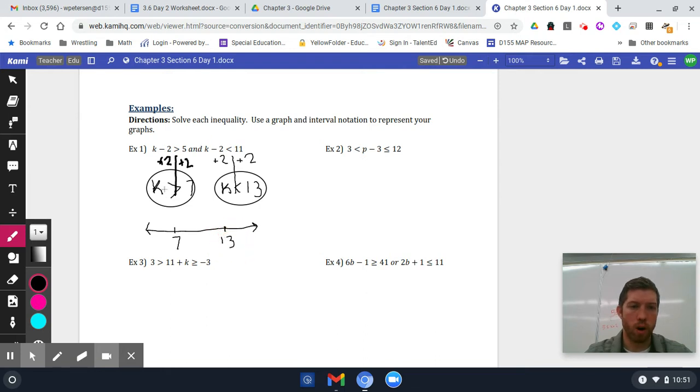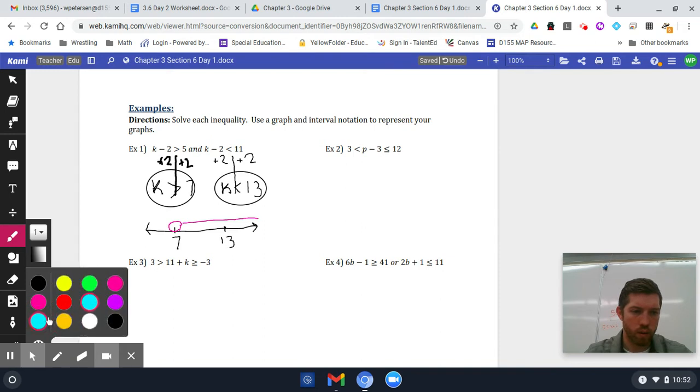All right, for my first part, k is greater than 7. So we have an open circle, and it's greater than 7. All right, and then we go to our second one, and we have k is less than 13. So I can go a different color here. We have an open circle again, and less than 13.